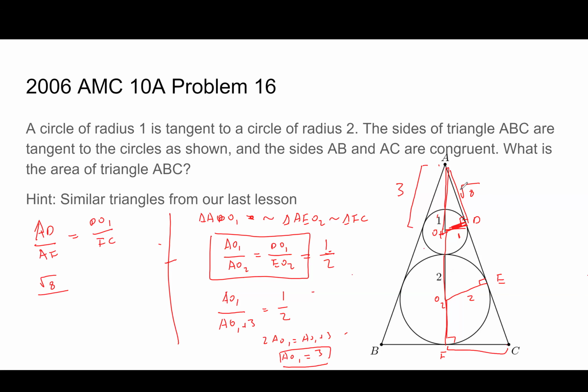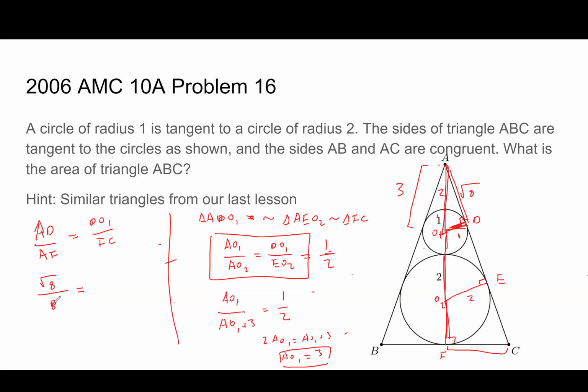What is AF? Okay, so what Josie said earlier, that A to the top of the circle is equal to 2. So we can find AF by summing all of these lengths. So the total of AF will be equal to 2 plus 1 plus 1 plus 2 plus 2. So that gives me 8. So AF will be 8.